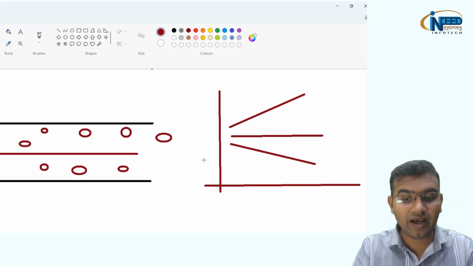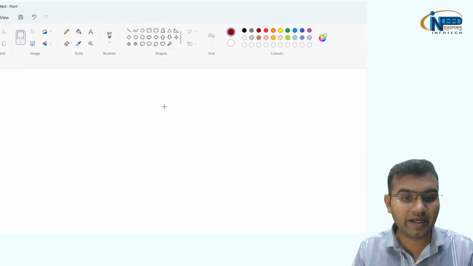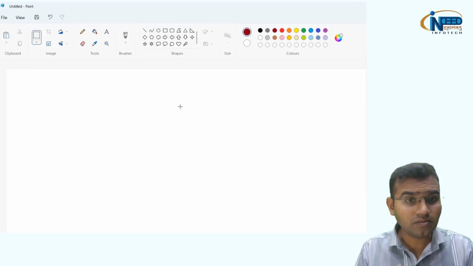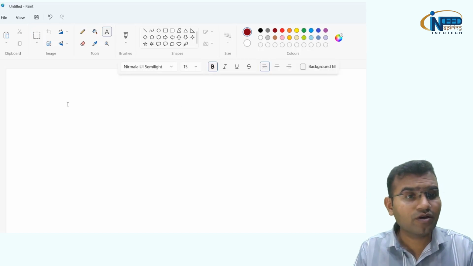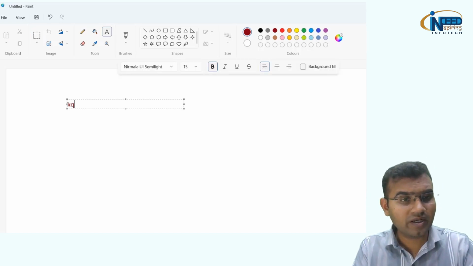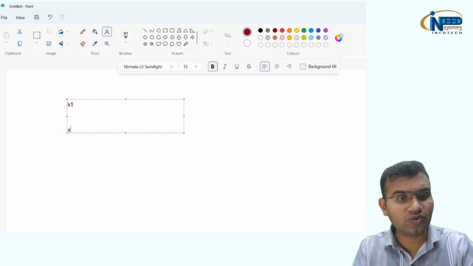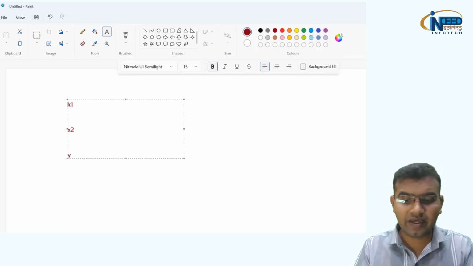The next assumption we have is multicollinearity. Multicollinearity means we have a feature x1 and a feature x2, and the output is y.